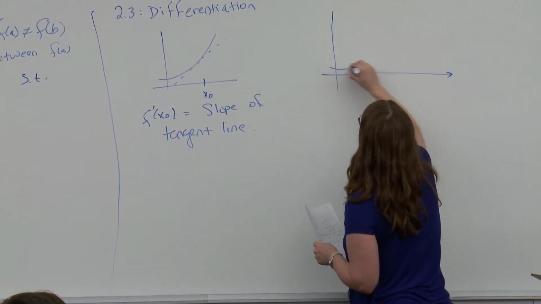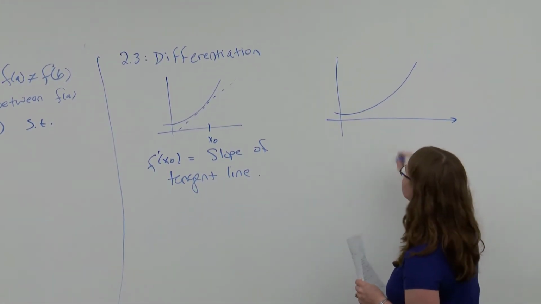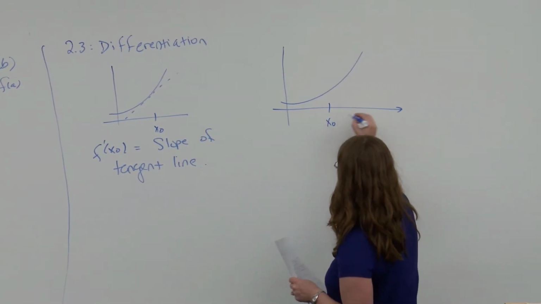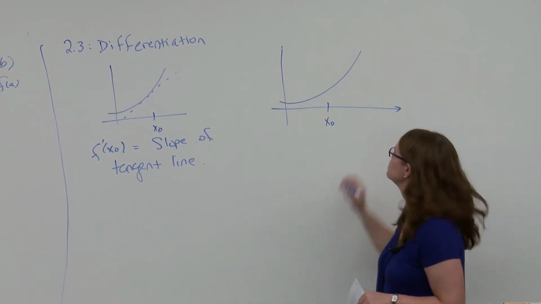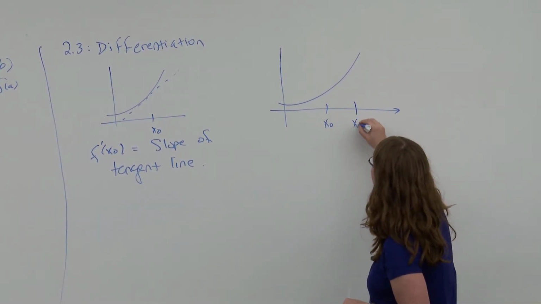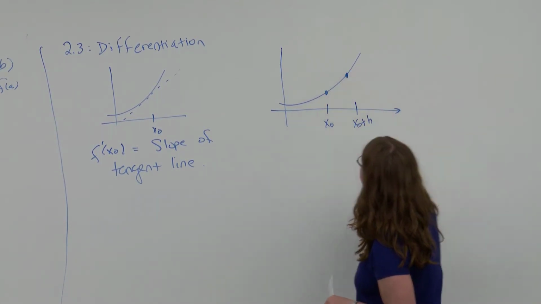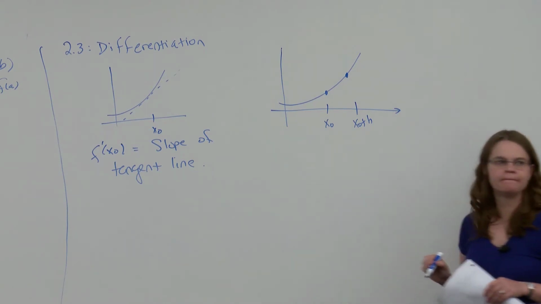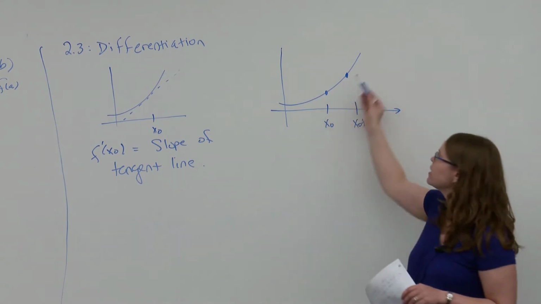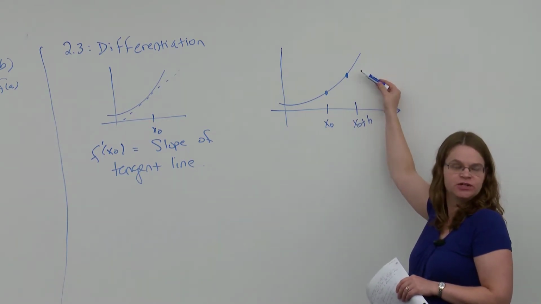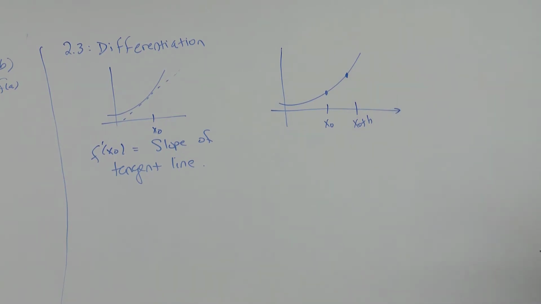So here's my function f again. I'm going to look at x naught, which is the point that I care about. And then I'm going to look at some other point, x naught plus h. These values I can get just by plugging into my function. I don't need to know what a derivative is to get at those.